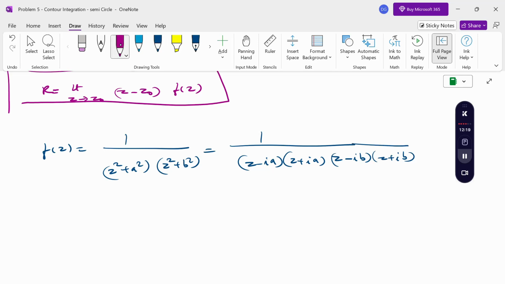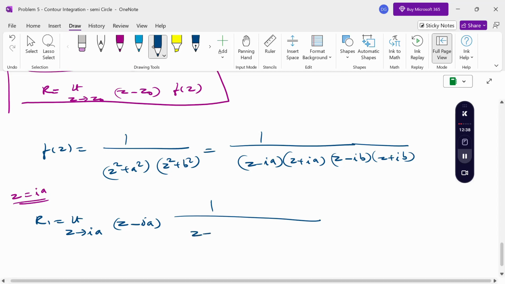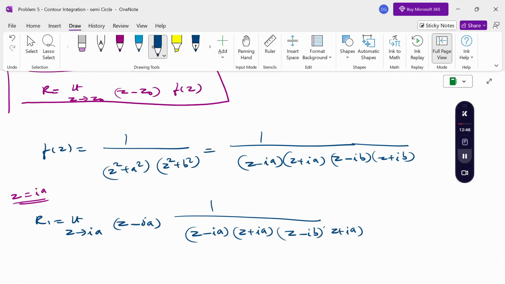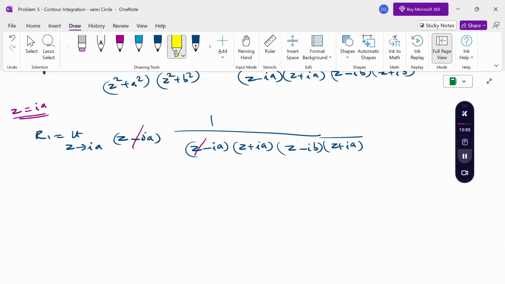Now the first point, z equal to ia; I can take any order. Residue 1 equals the limit as z tends to ia of (z minus ia) into f of z, which is 1 by (z minus ia)(z plus ia)(z minus ib)(z plus ib). Now cancel the two terms and substitute z tends to ia in the remaining factors.